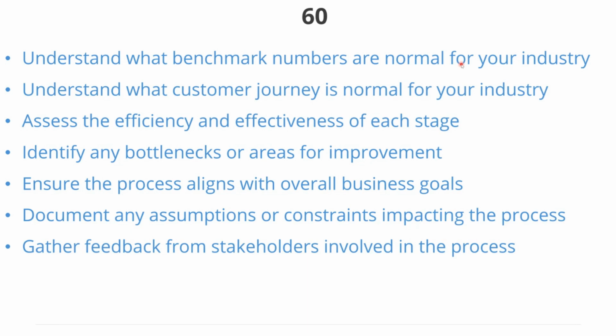You might be the top company in your industry. Congratulations, but look at your peers and see what their numbers are, because you might be doing 99% better than everyone else, but there might be some numbers you might want to improve. So that's a really easy way to figure it out.